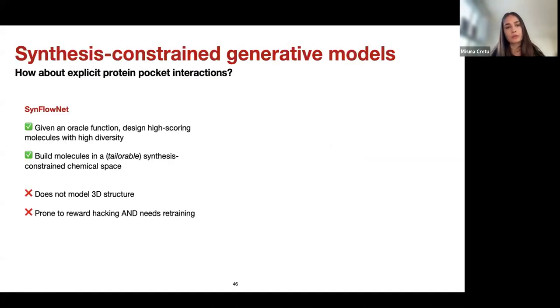Now, going forward, what SimpliNet demonstrated is that given an oracle function or a reward function, we can design high-scoring molecules with good diversity, and we explore multiple modes of the reward distribution. And the other nice thing is that we can do so in a tailorable synthesizable chemical space.